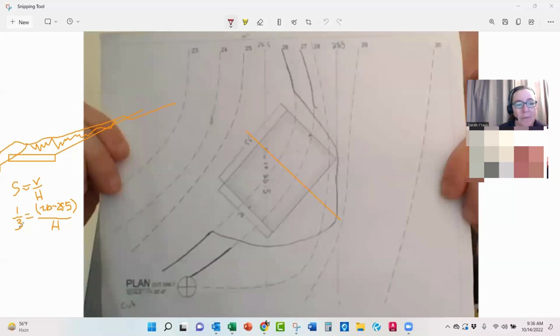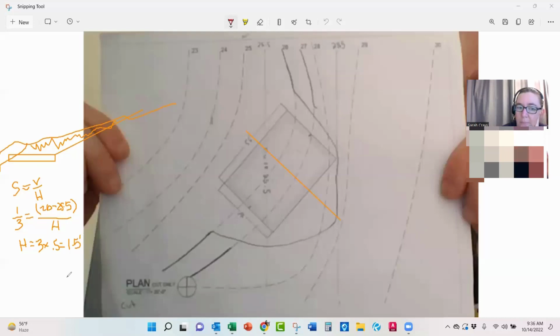So we've got 1 over 3 equals 0.5 over H. I'm going to multiply both sides, and I'm going to end up with H equals 3 times 0.5, which equals 1.5 feet.